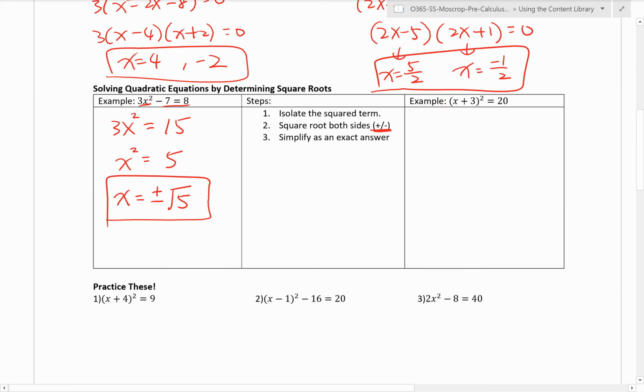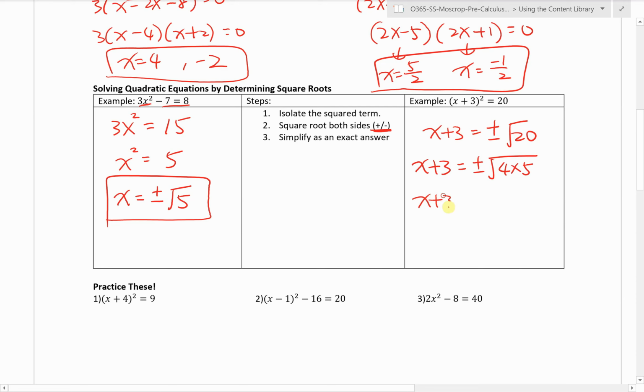So in this case, we can right away square root both sides. You get x plus 3 is equal to plus or minus, positive and negative, square root of 20. Now root 20 can be simplified. I'll show you the full steps as a reminder, because we've done this in the previous unit.